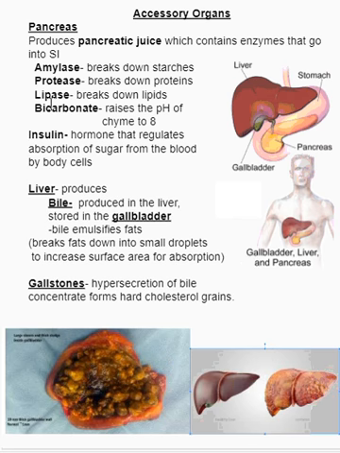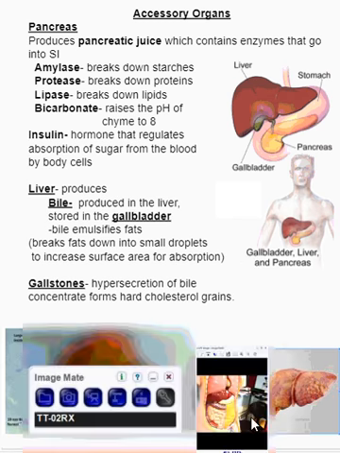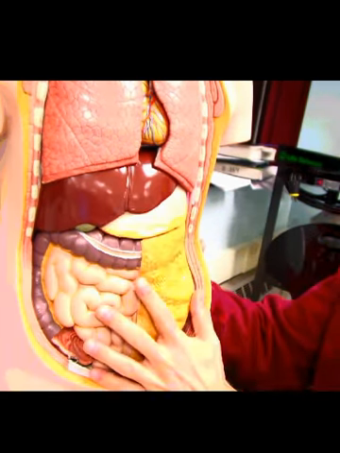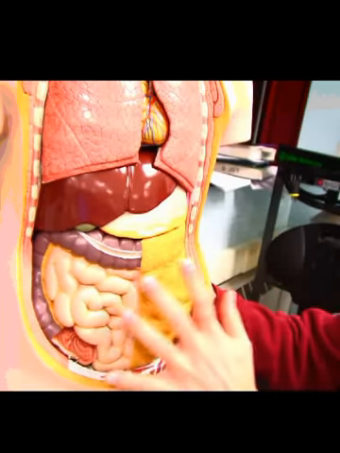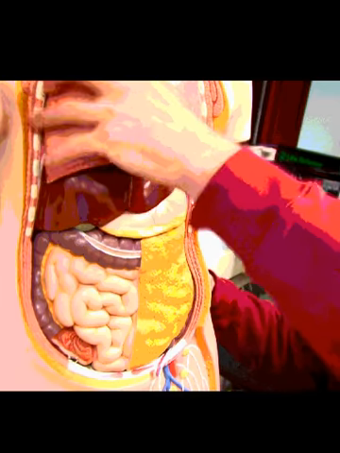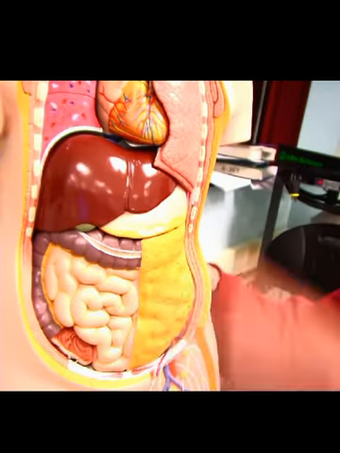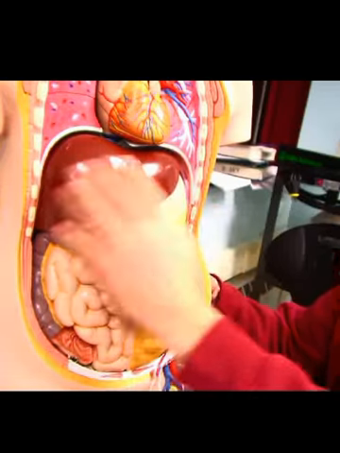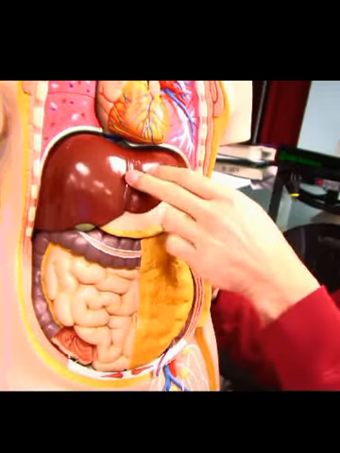And I'm going to real quickly take one little sidebar here and go over here to show you in my model what the orientation of some of these different organs will be. I'm going to remove the lungs because they are kind of in my way here. Right? This large brown organ is the liver. It has several lobes.